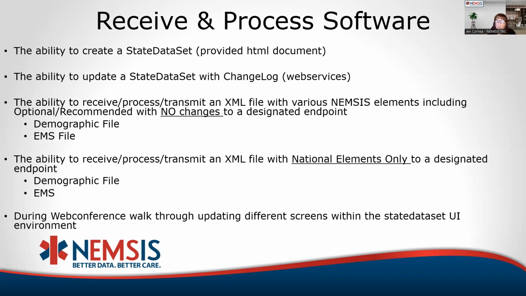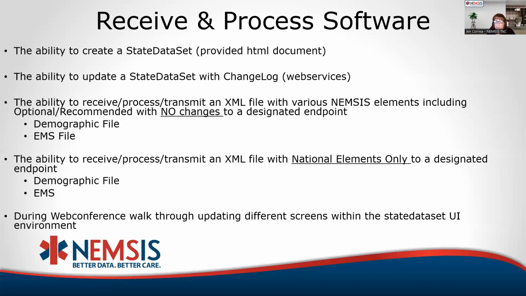They're tested on the ability to receive, process, and transmit the XML files with various NEMSIS elements. So there is a DEM file and 5 different EMS files, right? And they contain almost all of the NEMSIS standard elements within one of those files, right?